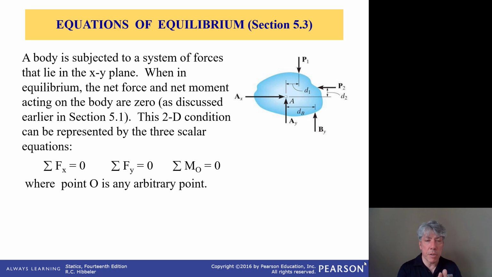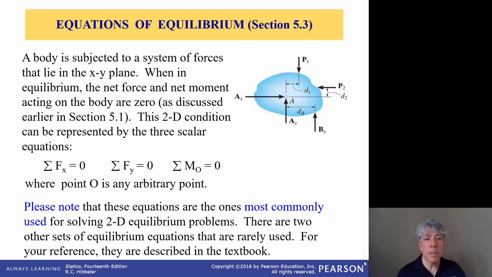So the forces in the x direction must sum to 0, forces in the y direction must sum to 0, and all the moments out of the plane about any arbitrary point you like must sum to 0, regardless of what point you pick. That's the interesting thing about the equations of equilibrium to me, is that it doesn't actually matter what point you pick to sum moments about. You will find a 0 sum of moments if the body is static.